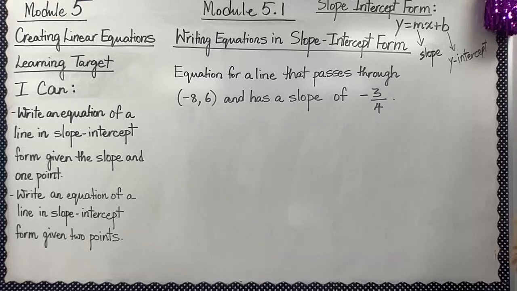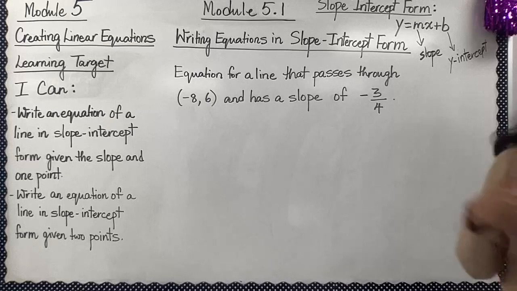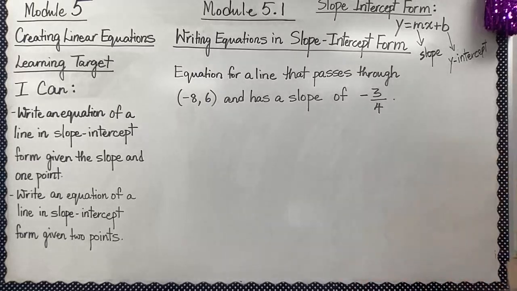First, we determine whether the given point is the y-intercept. If not, we substitute the given information into the slope-intercept form equation to find the y-intercept. Then we use the given slope and the y-intercept that we found in step 1 to write the equation of the line in slope-intercept form.